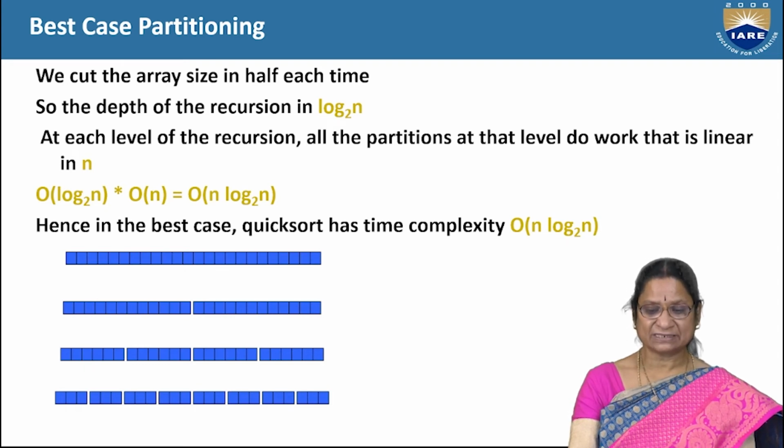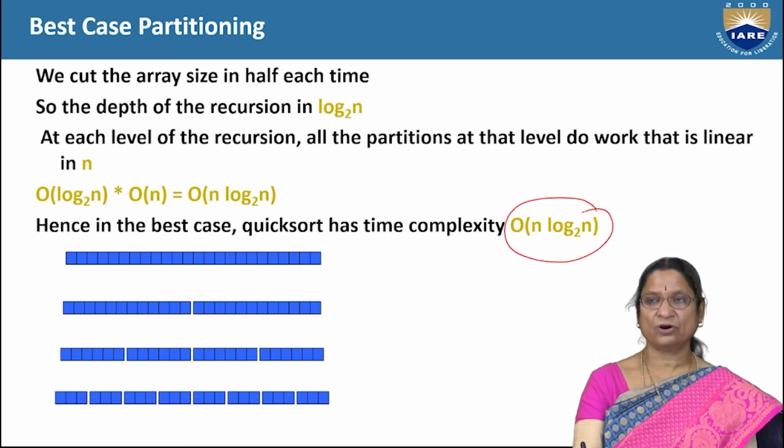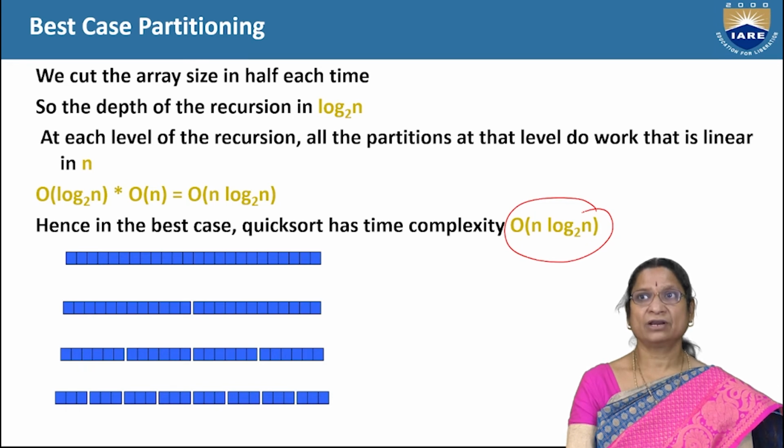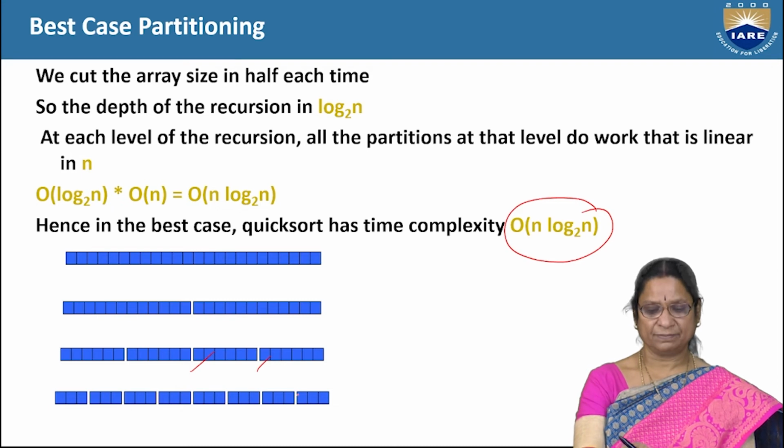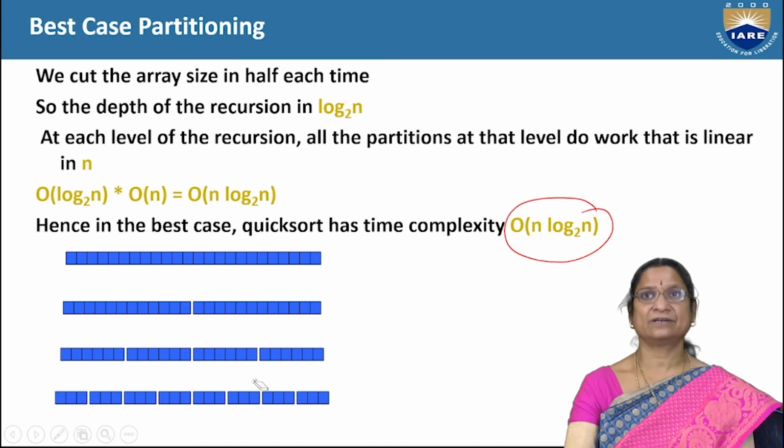So the quicksort best case complexity is order of n log n. You observe this is the diagram. Every time it is divided into almost equal partitions, the best case possibility will be considered.